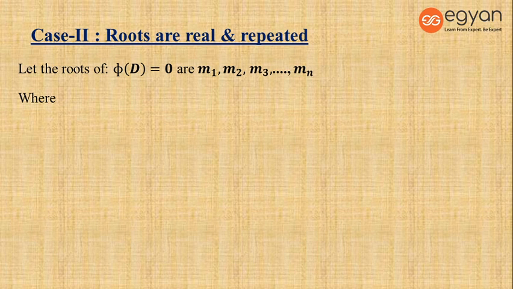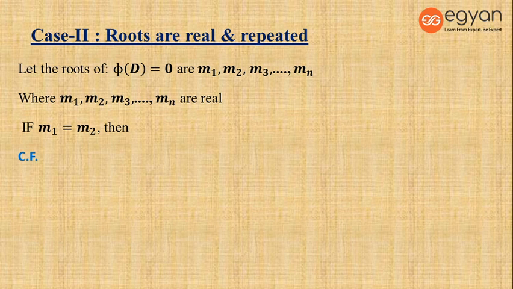Here, same case, m1, m2, m3, m4 are the real roots, but as we want to see the repeated roots case, just assume m1 equal to m2. That means two roots are equal, m1 equal to m2. We have just assumed two roots are equal.